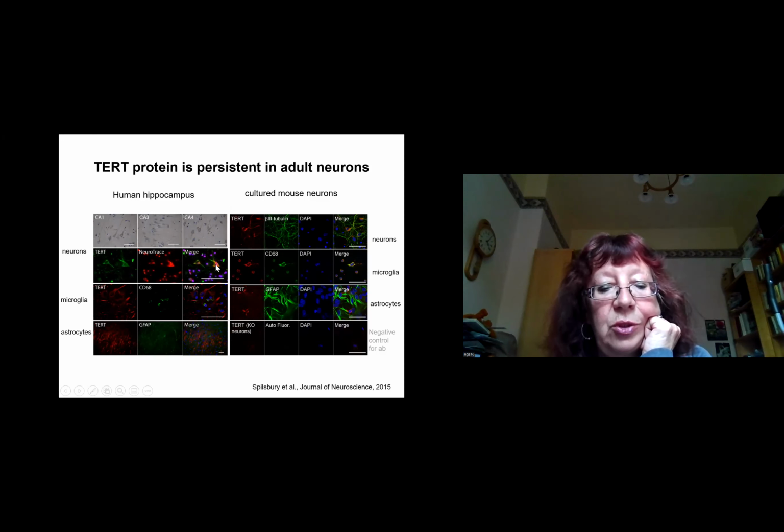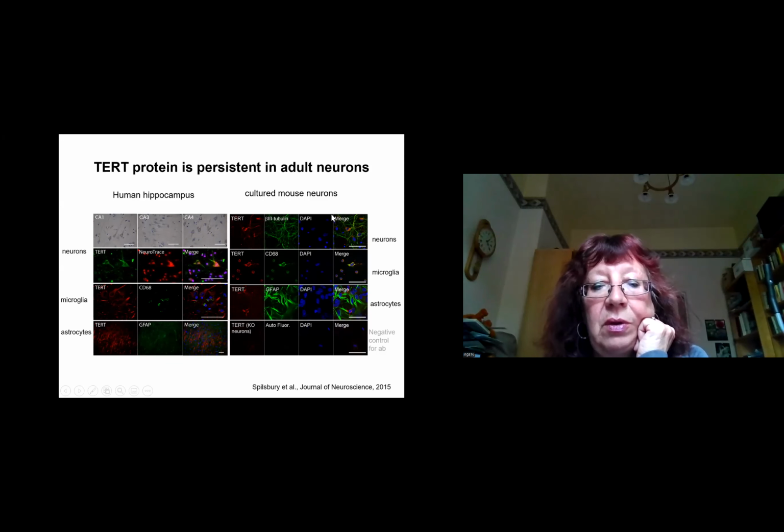We have a little bit in microglia because those are macrophages, and they are known to be positive for both TERT and telomerase activity. But importantly, we don't have anything in astrocytes. Here the TERT protein is in red in those two cases, and there's no co-localization with GFAP, which is a marker for astrocytes.